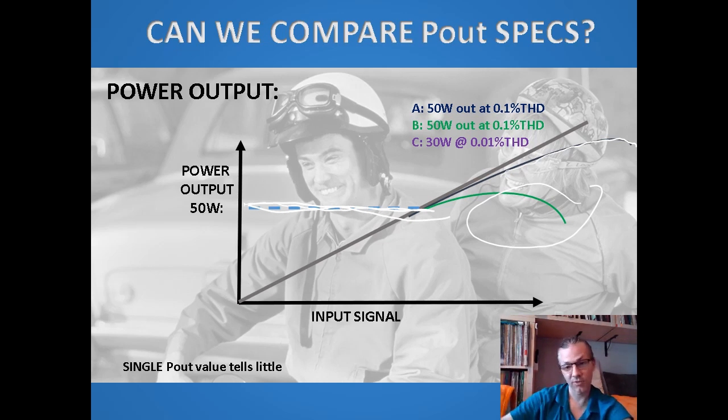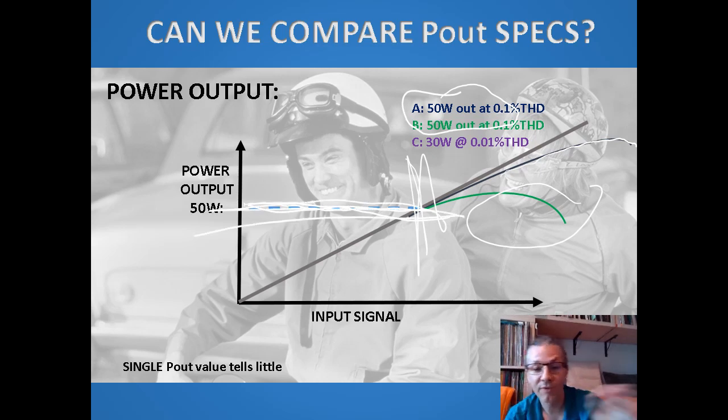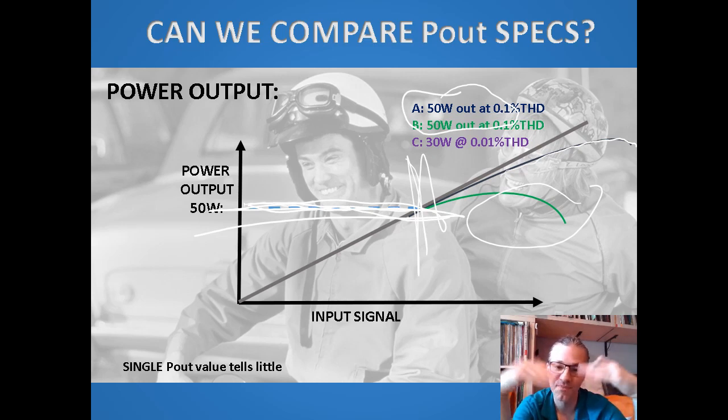So what happens when your amp starts to distort? That 50 watt rating tells you that when we have increased the signal to a 50 watt output level, then we have 0.1% difference. So that's how our expectations and the reality start to be different.